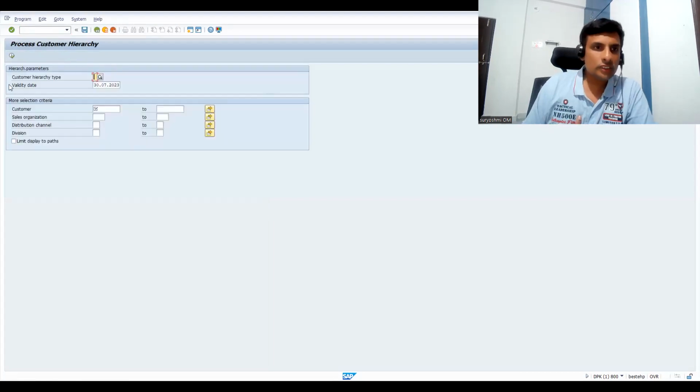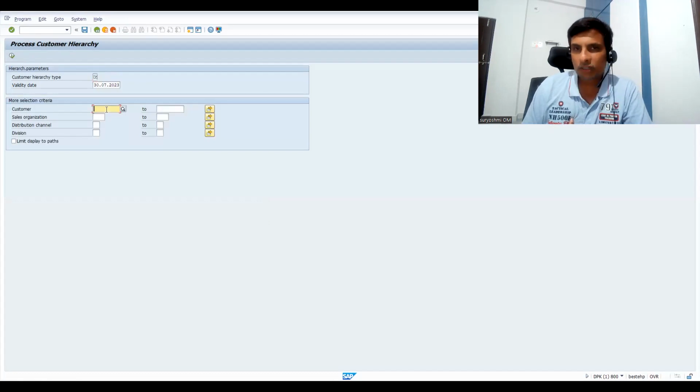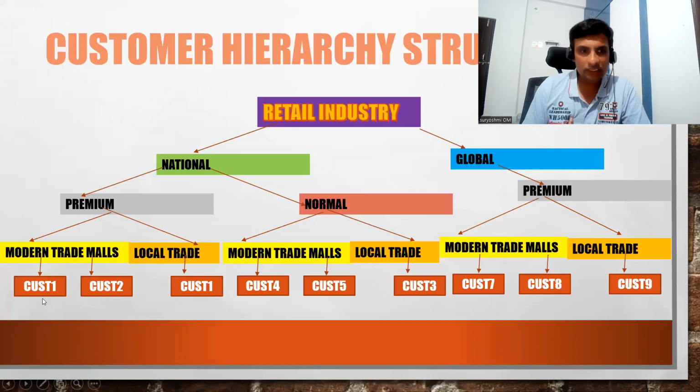Now you can give the lower level. For example, if you go back to the hierarchy I explained, if I'm giving customer 1, I haven't created anything, it's live. So customer 1 we're going to create, don't worry.